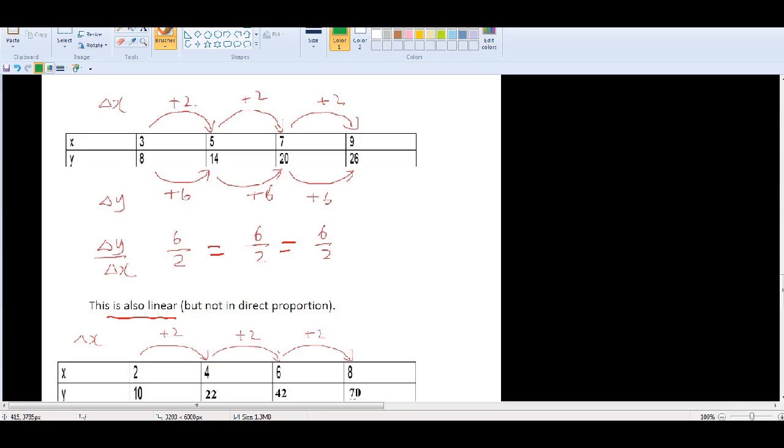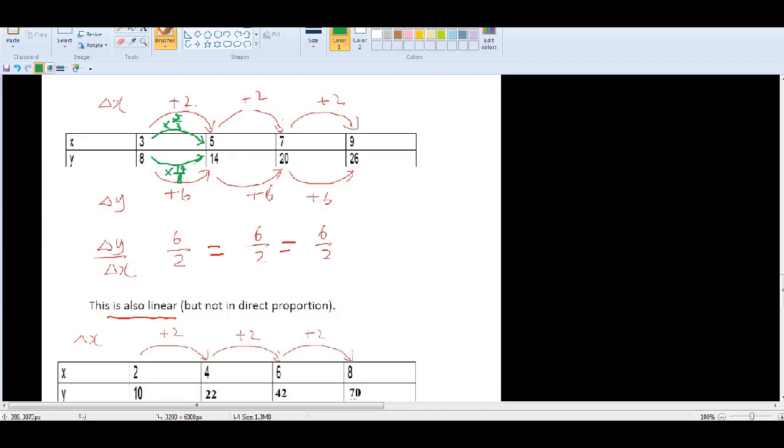If you look from the multiplication perspective, when 3 goes to 5, it is times 5 over 3, but from 8 to 14, it is times 14 over 8. The two factors are not equal, which we have shown in the above examples.